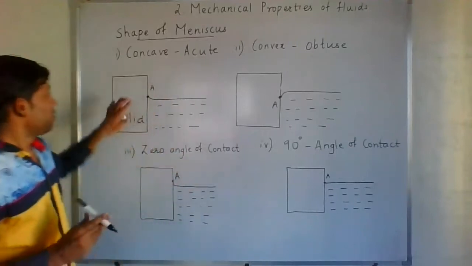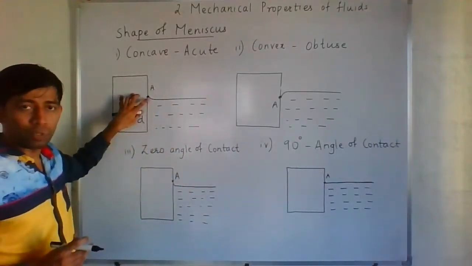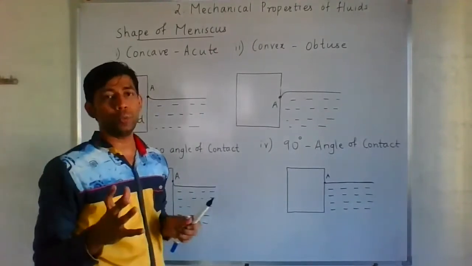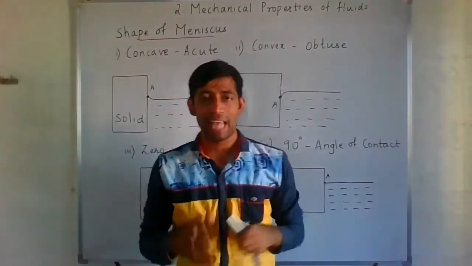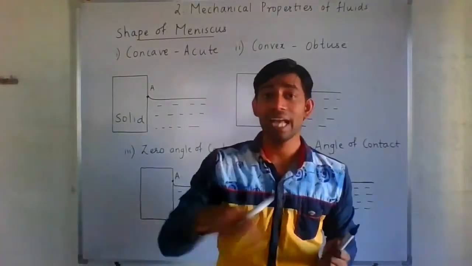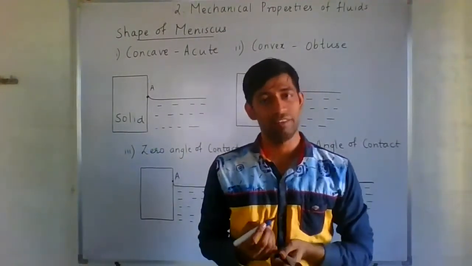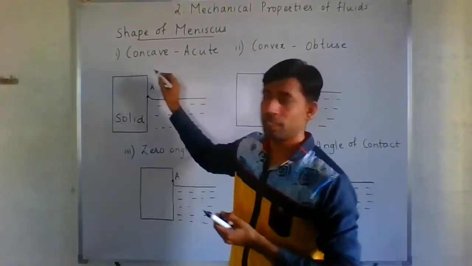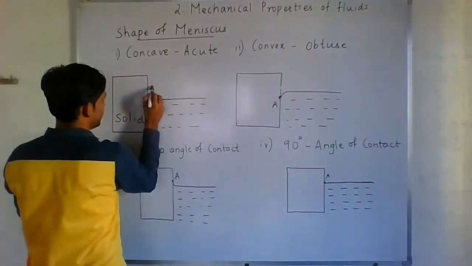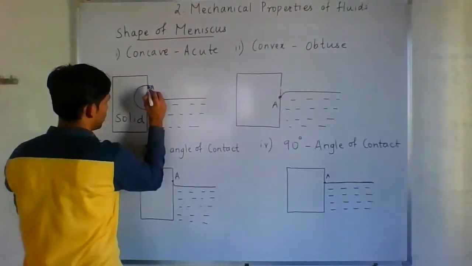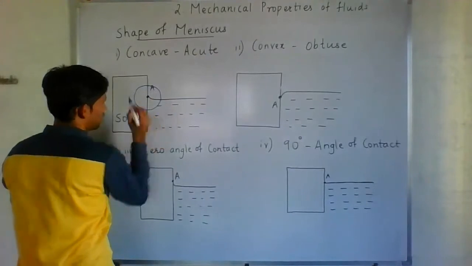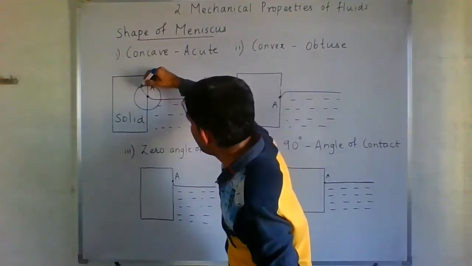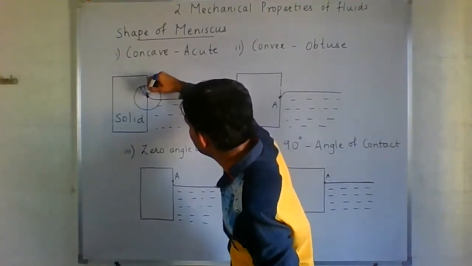Now, when this liquid molecules come in contact with the solid, definitely there are going to be adhesive forces, and those adhesive forces will act in the sphere of influence. So around this A point, I'll be drawing a sphere of influence. So let us consider this is your sphere of influence. So here I shall show all these adhesive forces.